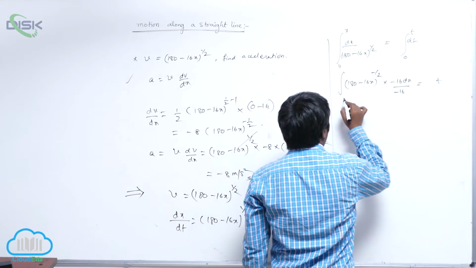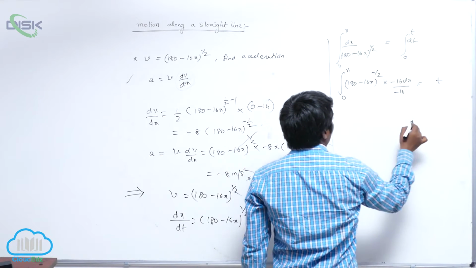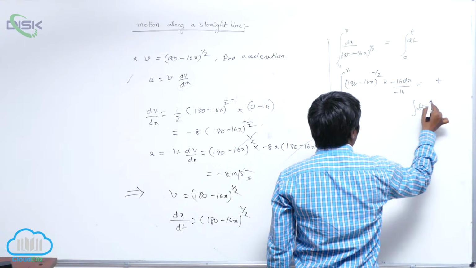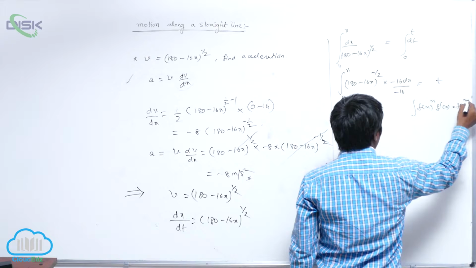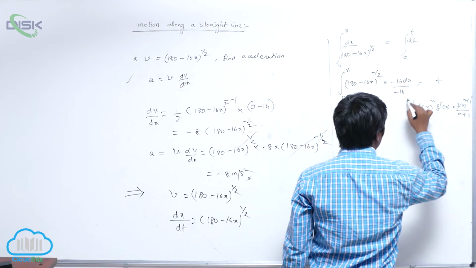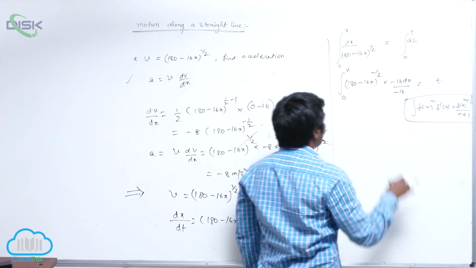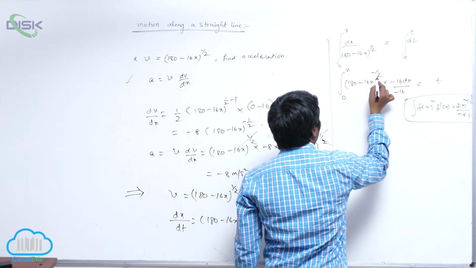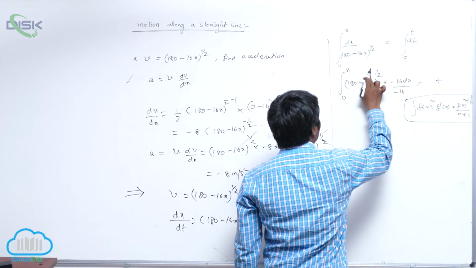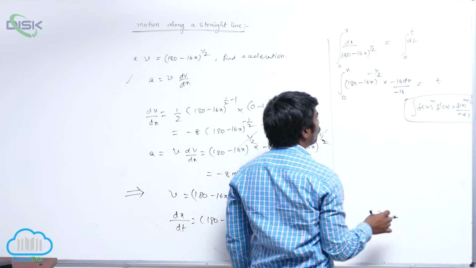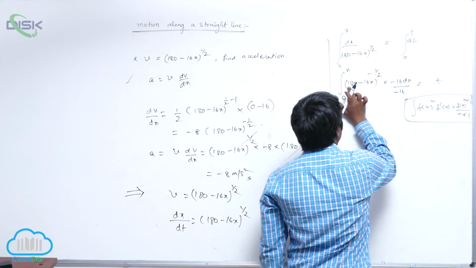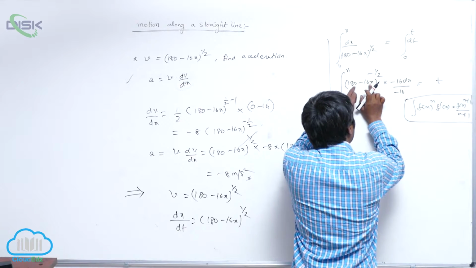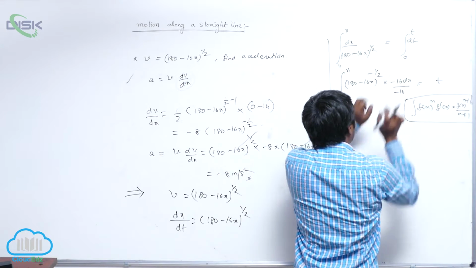Now you have one formula: integration of (f of x) whole power n into f dash x is equal to (f of x) whole power n plus 1 by n plus 1. By using that formula, here (f of x) whole power minus 1 by 2 into f dash x. F dash x is the differentiation, so it is 0 minus 16 dx.